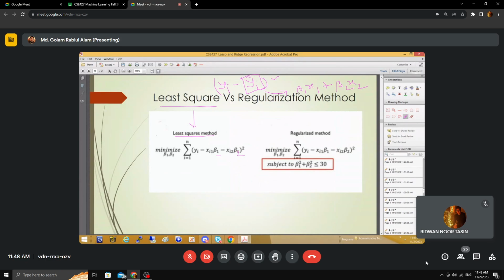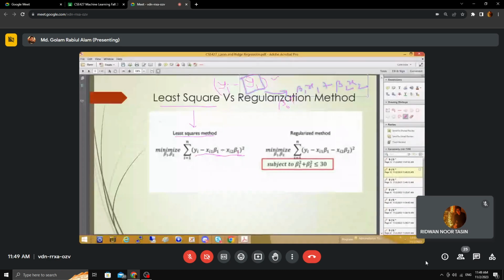Yes, beta 0 is also there, but consider that beta 0 is just 0. Then this will be the polynomial. In that case, the squared error equation we will get is like this, with yi, xi and beta 1, and x2 with beta 2 squared.